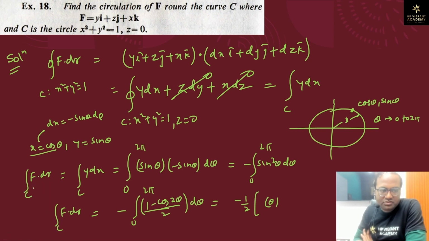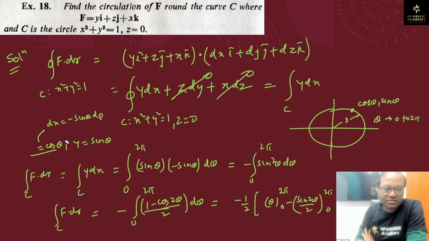Theta limit is 2 pi or 0 minus sin 2 theta upon 2 pi or 0. Okay, so this is equal to sin 2 theta upon pi. Let us further simplify this.